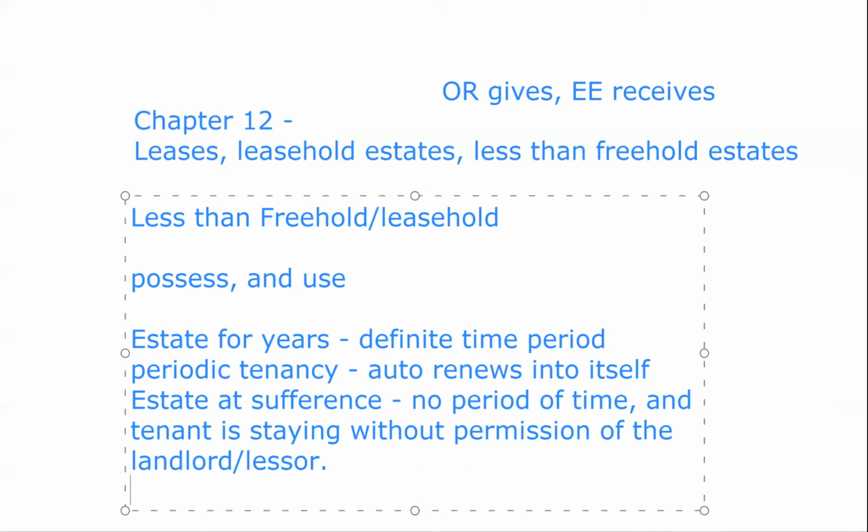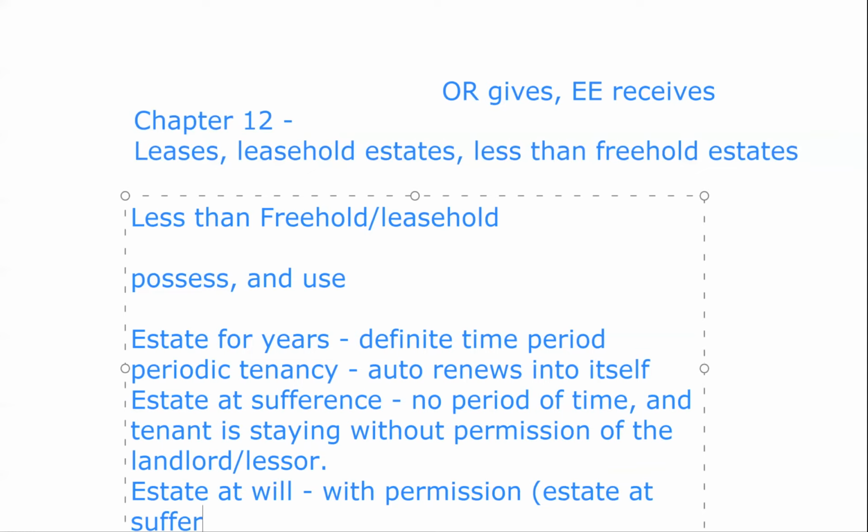Now, the next one, people always get confused. An estate at will. This is basically an estate at sufferance with permission. So what happens is this.